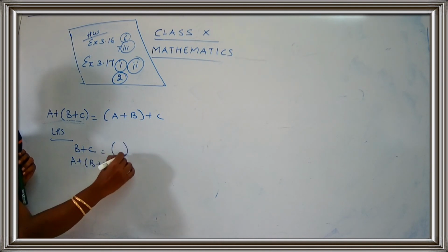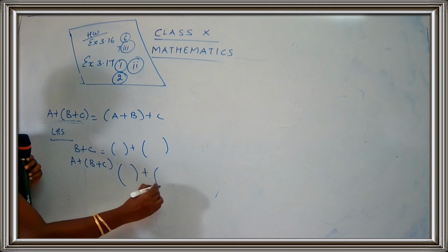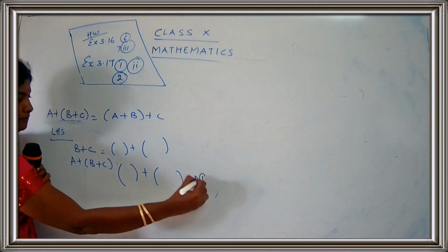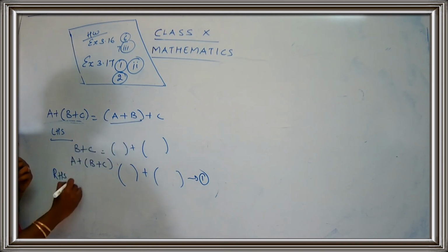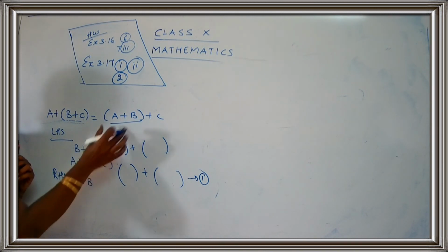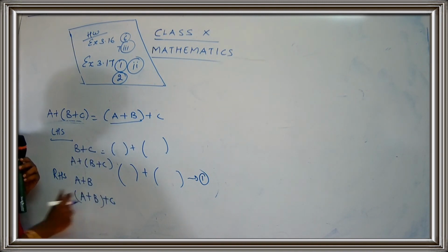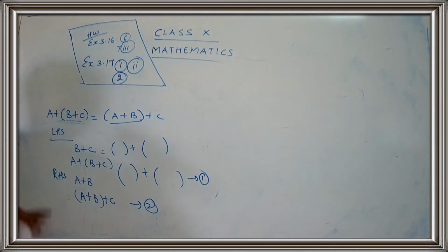Add matrix B, add matrix C, then add A. This is number 1. For the RHS, take A plus B, then add C. Okay children, so this will be number 2. From 1 and 2 you will get the same answer.